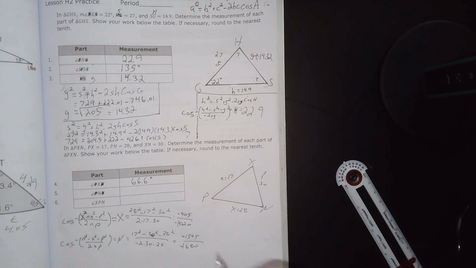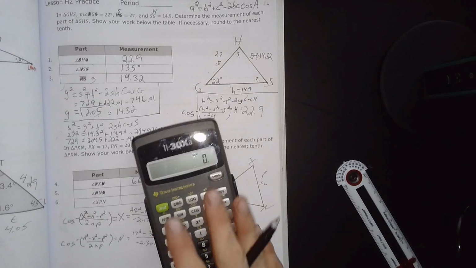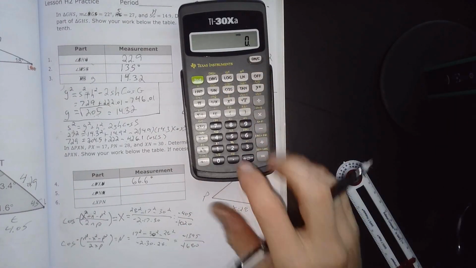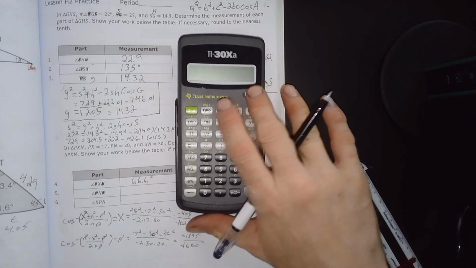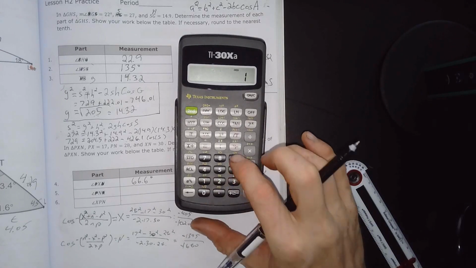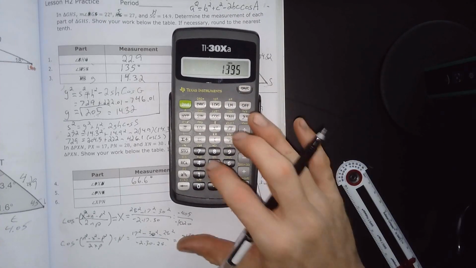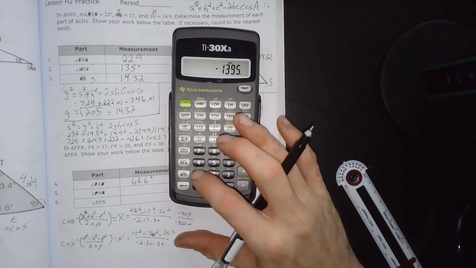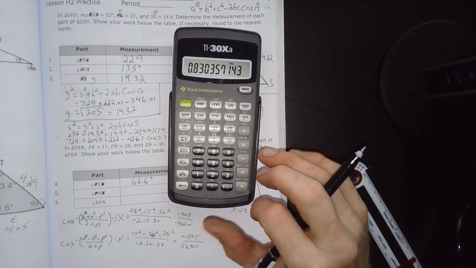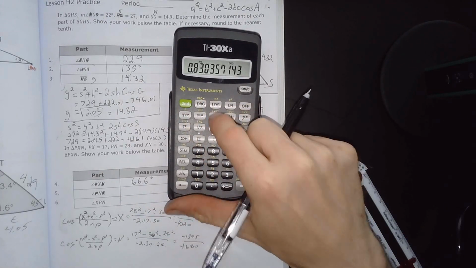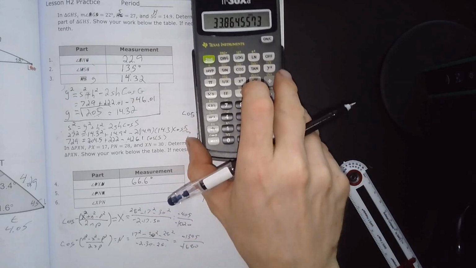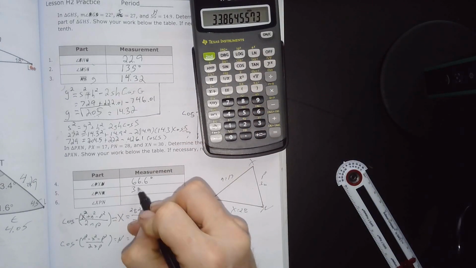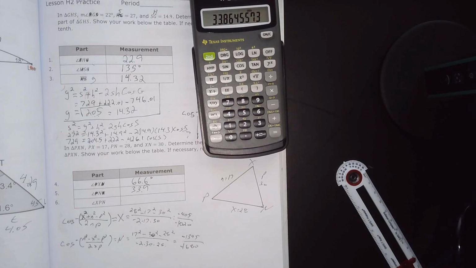Okay, I figured out my mistake. I forgot to put the negative sign in front here because we are dividing by -2. So the negative sign definitely matters. So it's 1395 negative divided by 1680 negative equals that. The inverse cosine of that is 33.886, so 33.9.